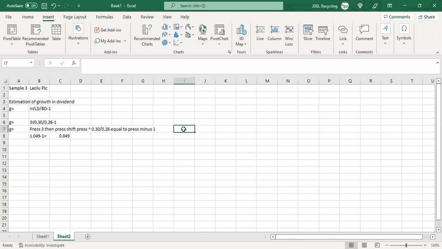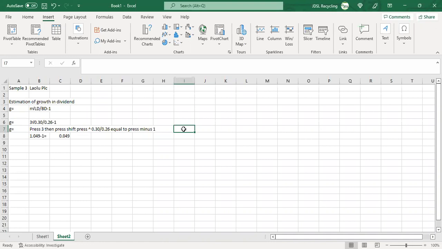After pressing your 3, you press shift, then you press the raise to power sign. Your calculator will show 3 times square root, something like that. Yes, that is what it shows.